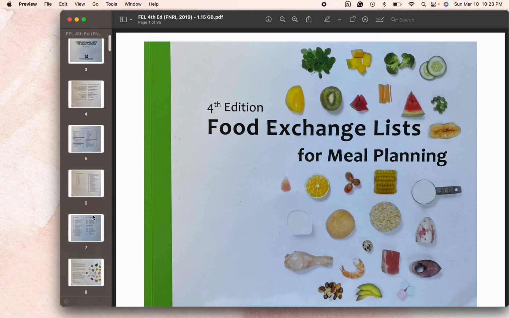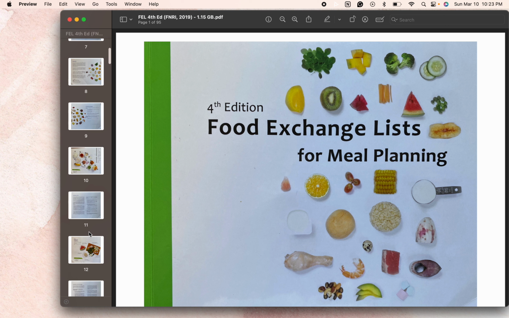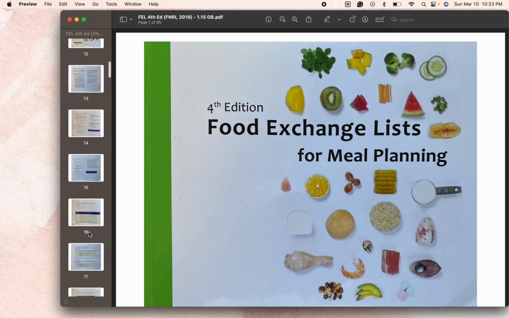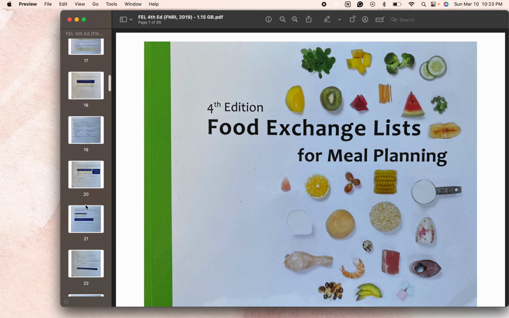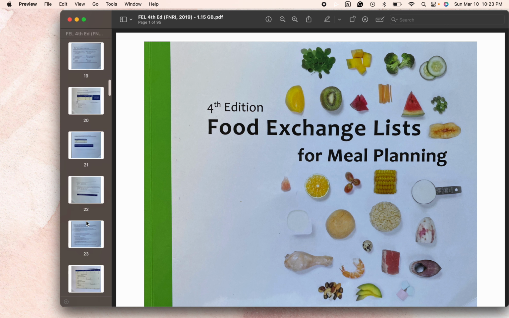This contains food items from different food groups and the approximate amount or size per exchange. Exchange is different from serving.